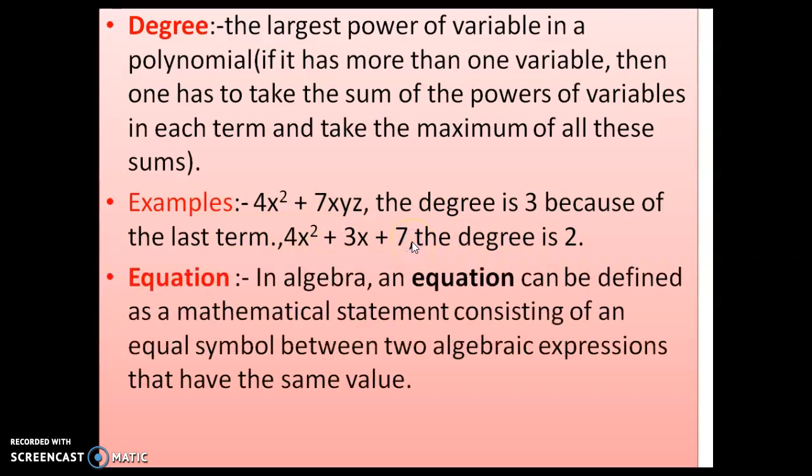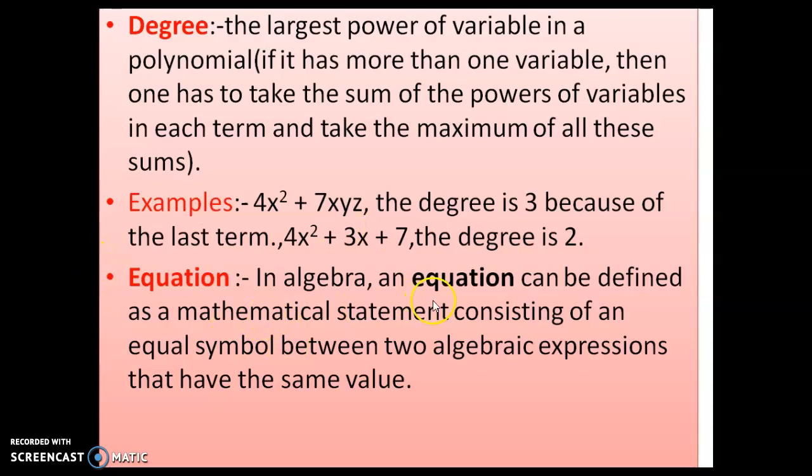Then coming to equation. In algebra an equation can be defined as a mathematical statement consisting of an equal symbol between two algebraic expressions that have the same value.